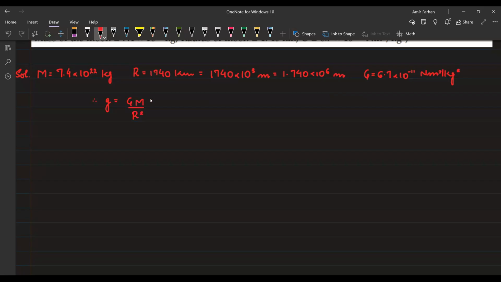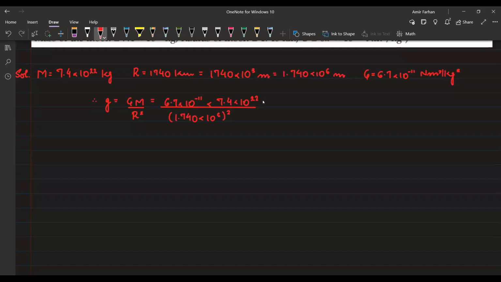Okay? Now, simply, the formula is given to you, that is g is equal to GM by R square. Now substitute the values over here: 6.7 into 10 to the power minus 11, into mass 7.4 into 10 to the power 22, divided by R square, that is 1.74 into 10 to the power 6, square.